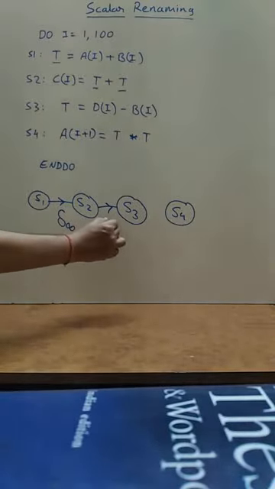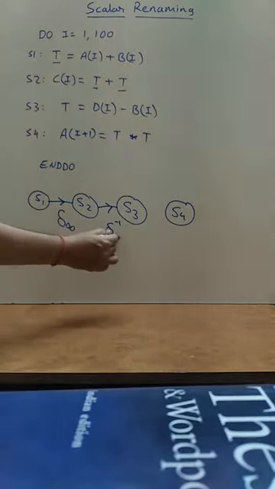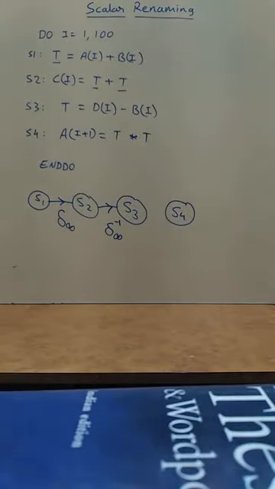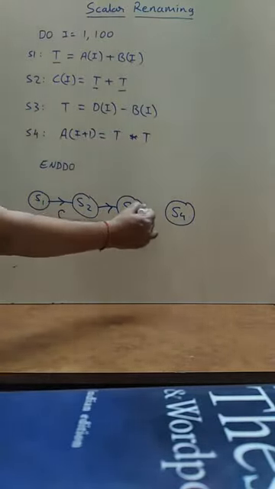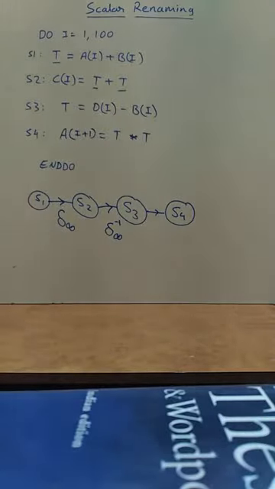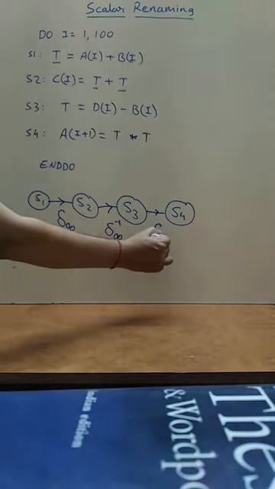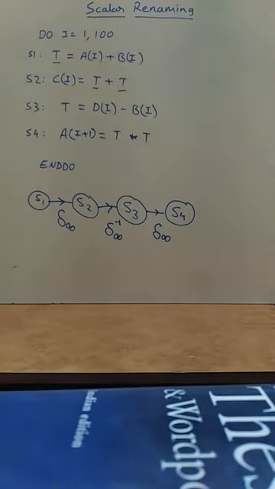This is an anti dependence, and since source and sink are in the same iteration, this is a loop independent anti dependence. Next, T is defined in S3 and used in S4. So you have one dependence from S3 to S4 due to T, and this is also a loop independent true dependence.